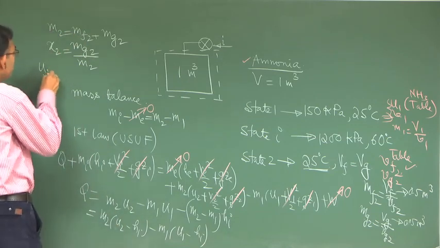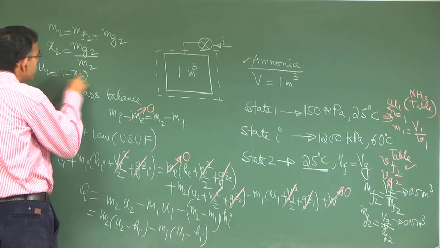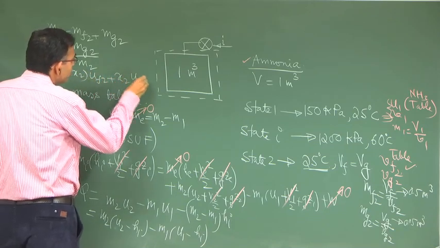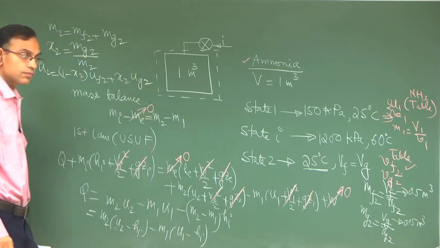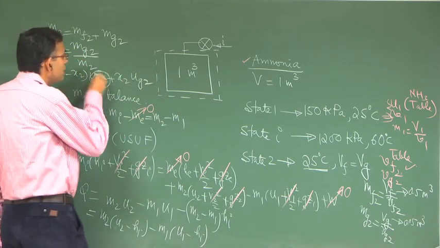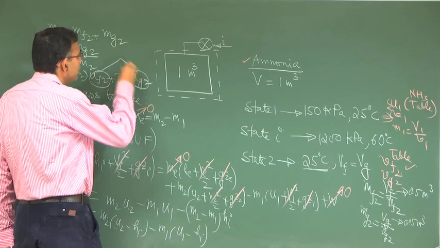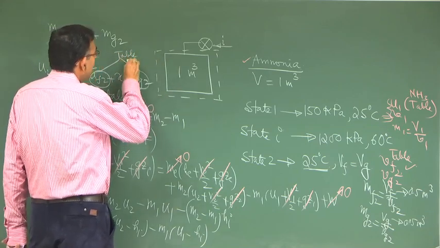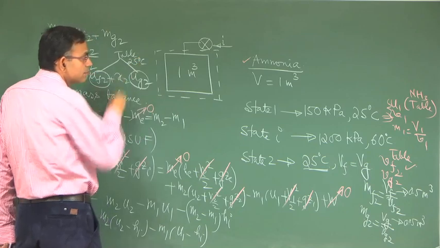So, U2 is (1 minus x2) Uf2 plus x2 into Ug2. These Uf2 and Ug2 are from the table, properties of ammonia at 25 degree centigrade.